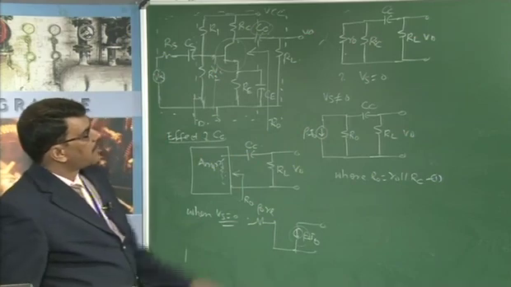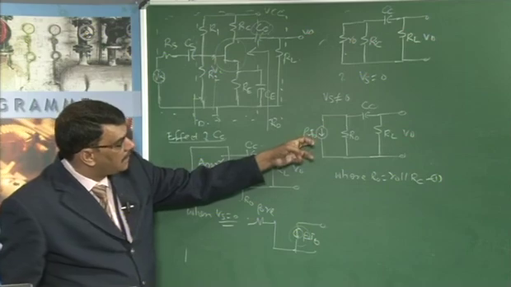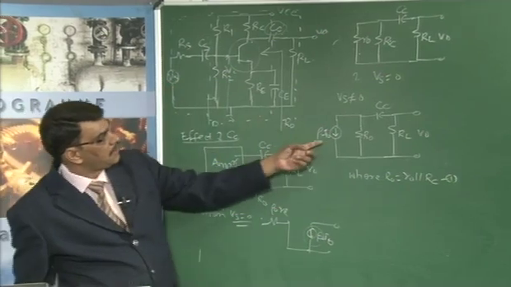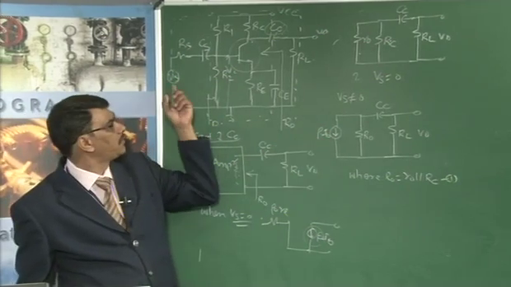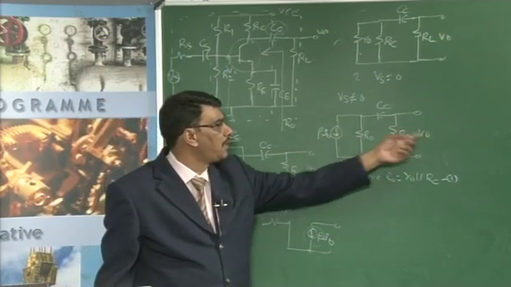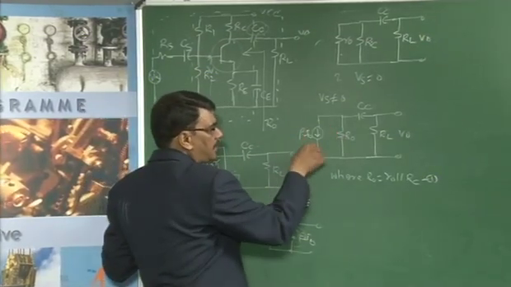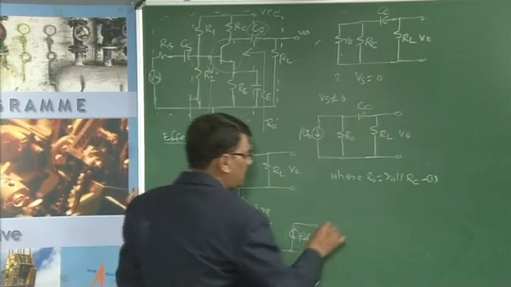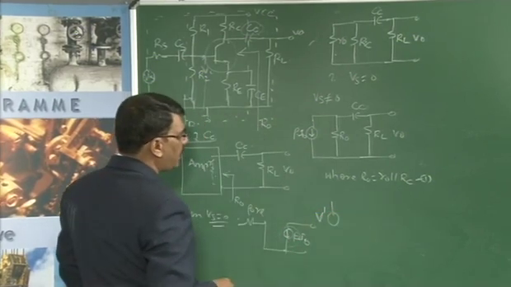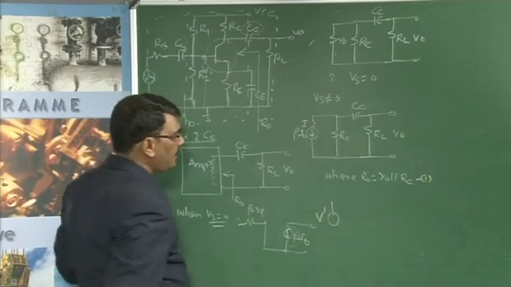Now we have to determine the ratio of the output voltage to Vs, where the current Ib is proportional to the input voltage Vs. We want the ratio of V naught to some input voltage, instead of a constant current source. Using the source transformation technique, we get a voltage V dash, which is the product of the constant current I and R naught.